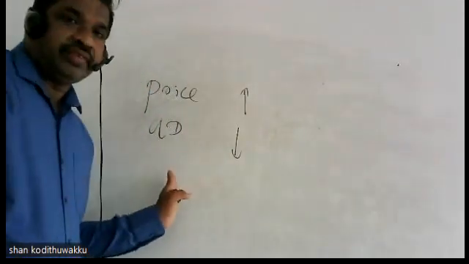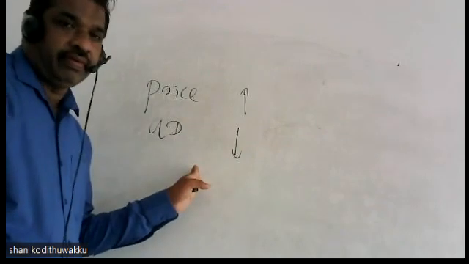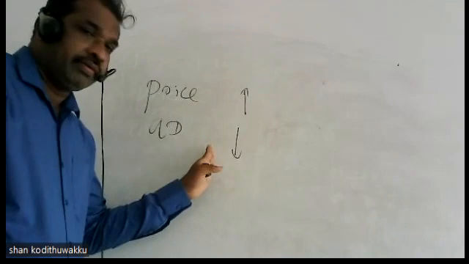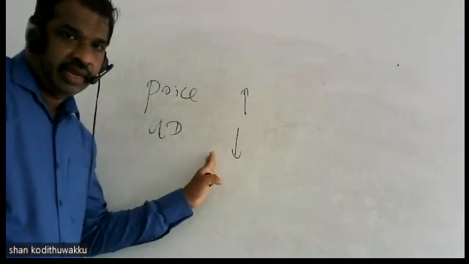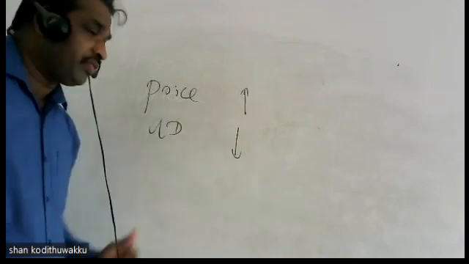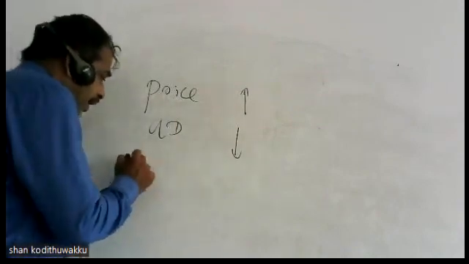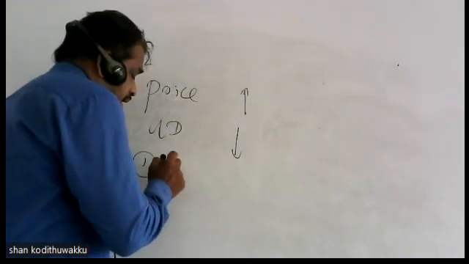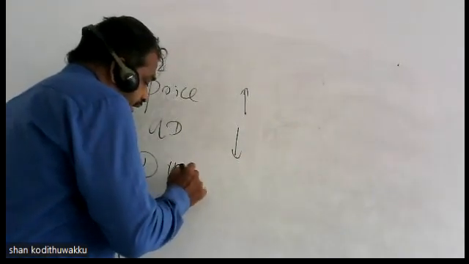There are two reasons to have this effect. When the price of the commodity increases, quantity demand will decrease. When the price of the commodity decreases, quantity demand will increase. Number one, income effect.